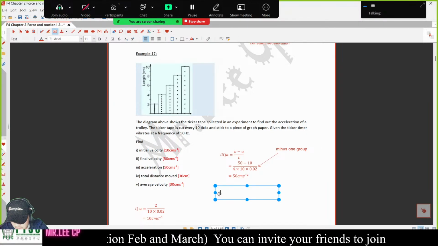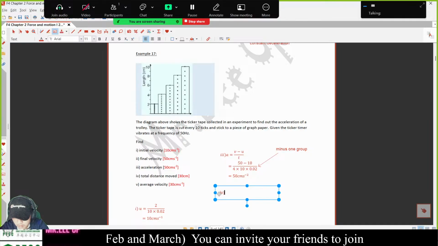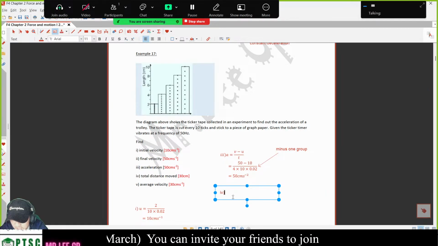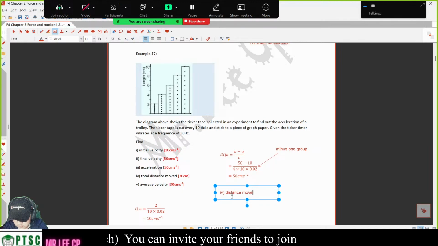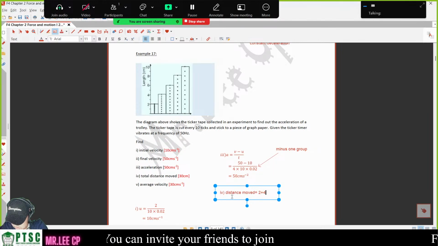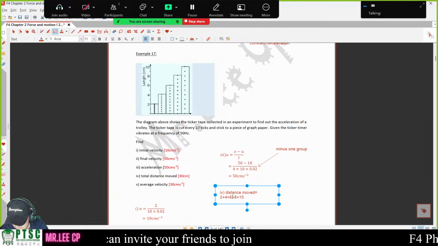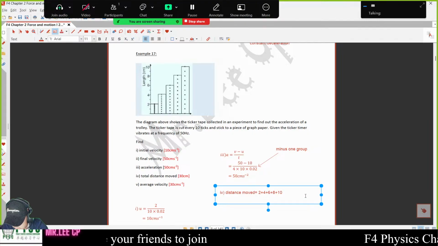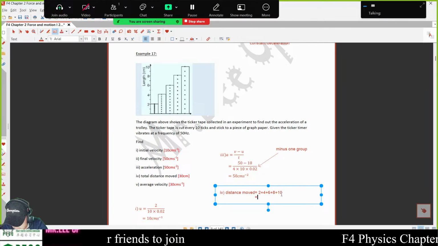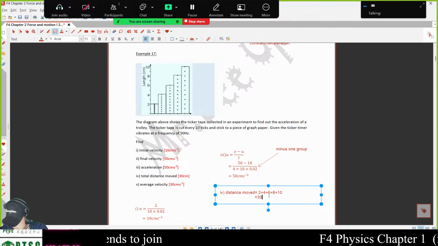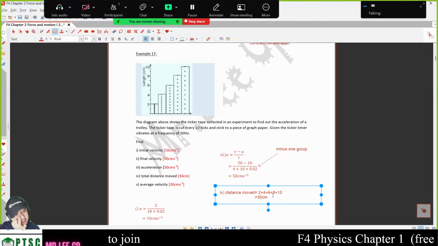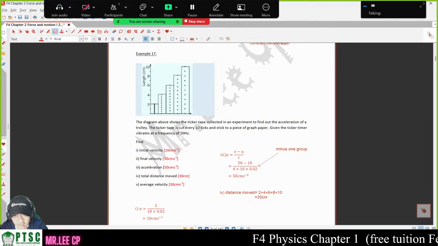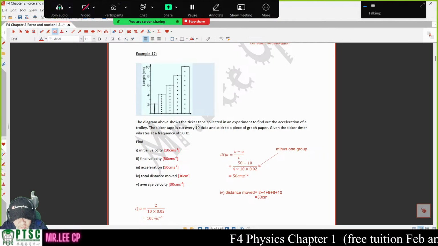So now, how far do you move? 2, 4, 6, 8, 10. So distance moved is 2 cm plus 4 cm plus 6 cm plus 8 cm plus 10 cm. So altogether will be 10, 20, 30. Right? It is moving 30 cm altogether. Now, here they're asking you to find the average velocity.